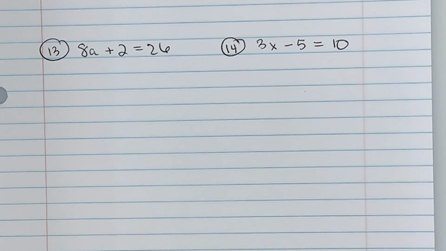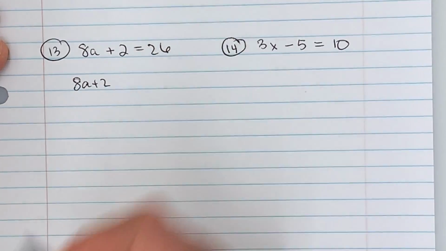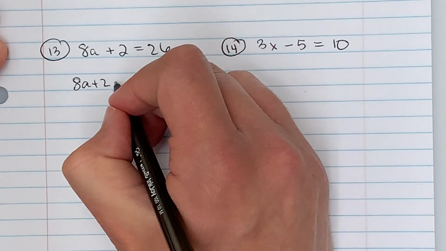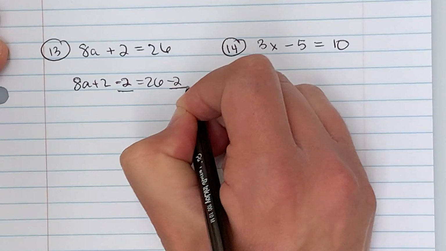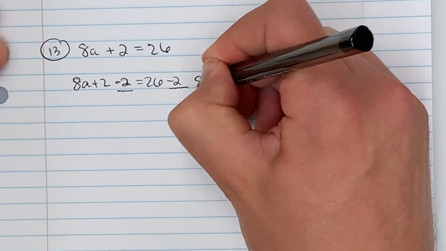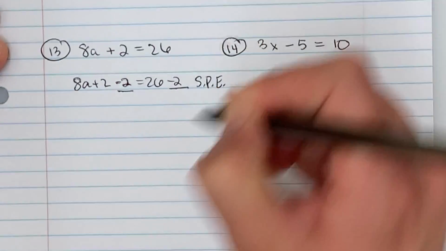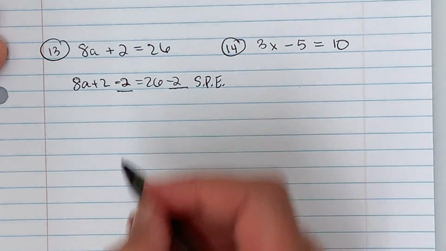All right, let's see how you did. We're gonna bring down 8a plus 2. The opposite of plus 2 is to minus 2, and that equals 26 minus 2, right? So that would be the subtraction property of equality. I'm just gonna write the initials. Well, our 2's cancel out.